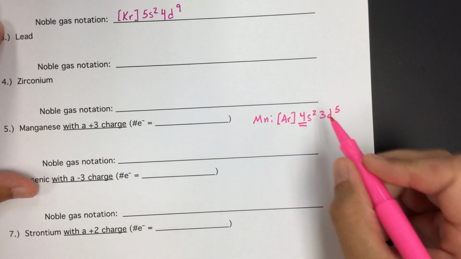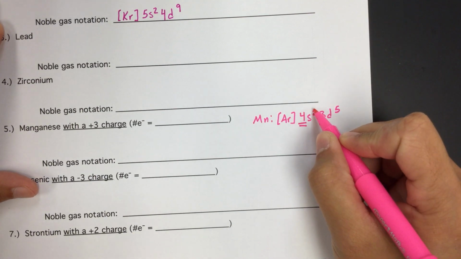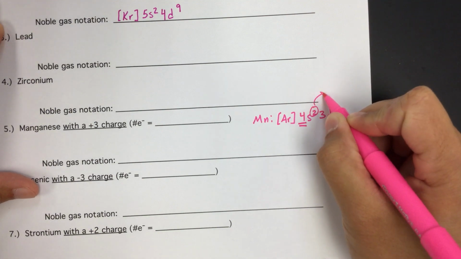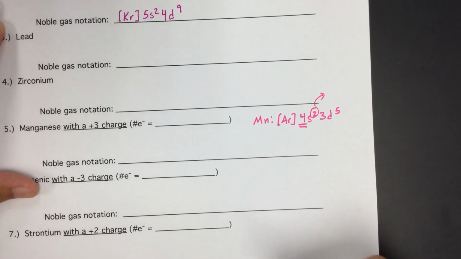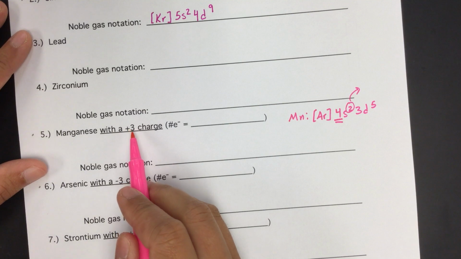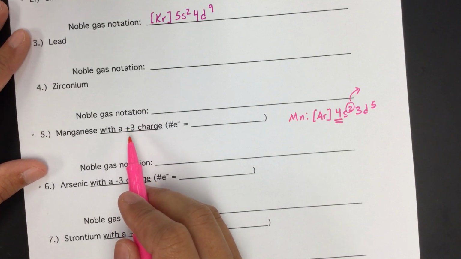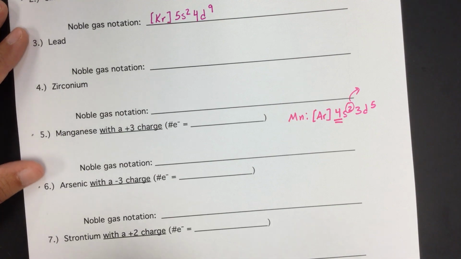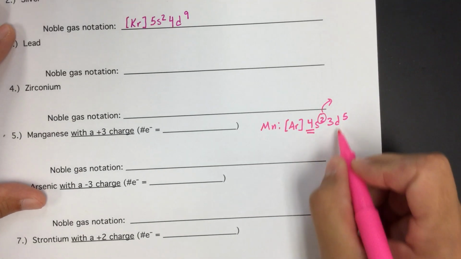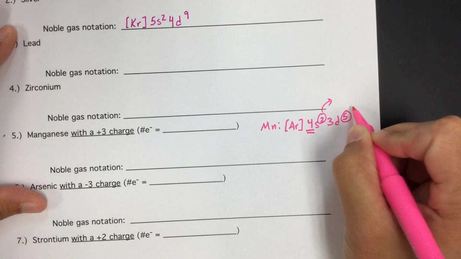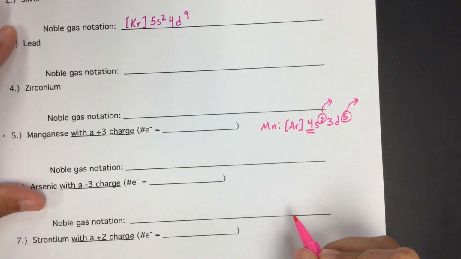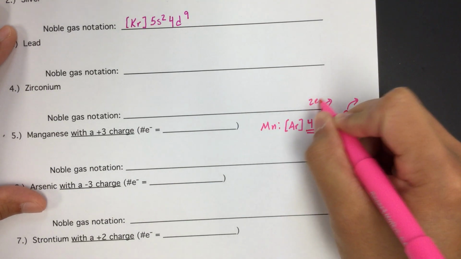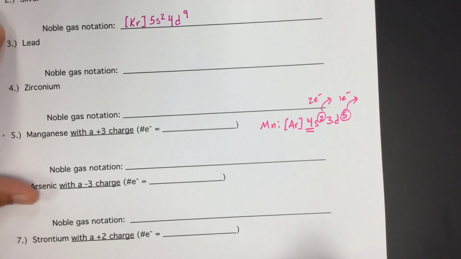So what we're going to do is remove these electrons first. That's 2 electrons. We actually need to get rid of 3 electrons though. So where do you think we will remove the 1 remaining electron? Now we can dip into the 3d. So we're going to remove just one of these. Here we're going to get rid of 2 electrons, and here we're going to get rid of 1 electron because we ran out of 4s.